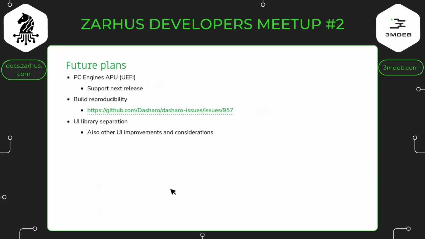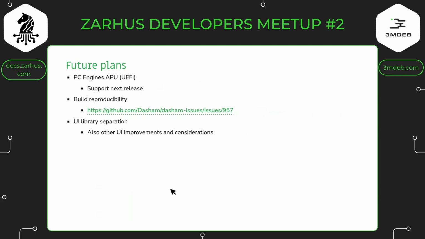And the future is adding support for the PC Engines UEFI variant as well, which should be released somewhere this year. Working on build reproducibility should be one of our goals, because right now it's not fully reproducible.